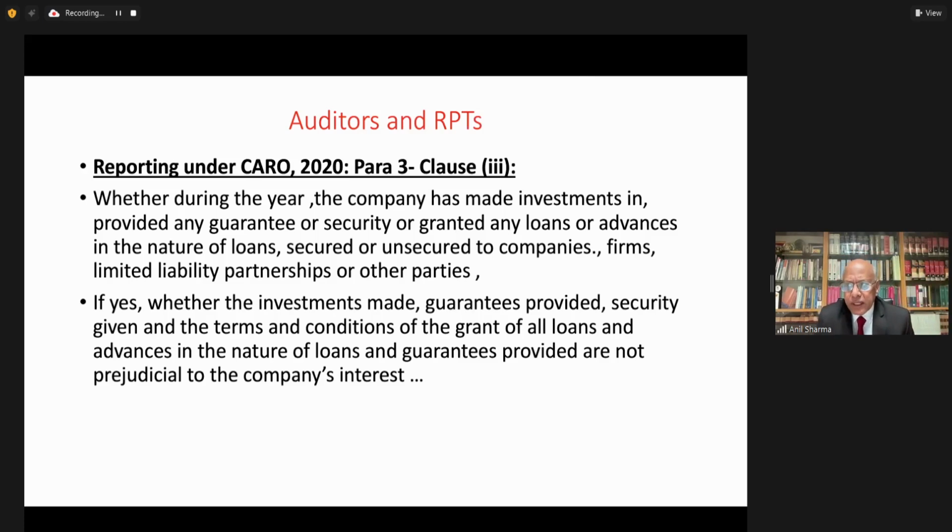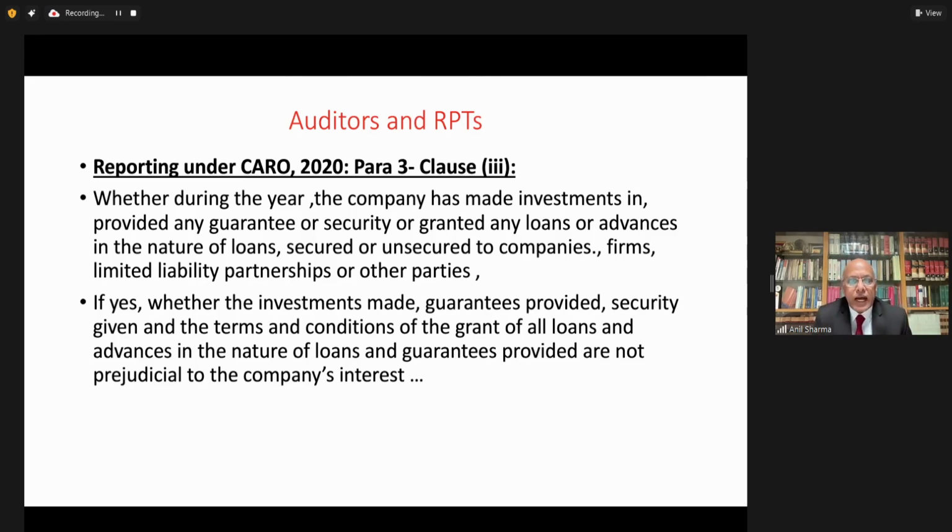If you really want to understand the role of auditors with regard to RPTs, go through the various reporting requirements which have come through CARO 2020. Some very specific reporting requirements have been brought into the report under CARO.